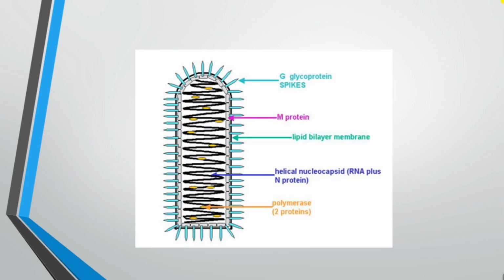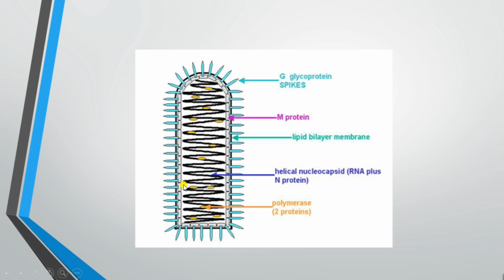So you can see the picture of rabies virus. As I have mentioned, it is bullet shaped and it has an RNA genome. Inside the RNA genome, there is RNA-dependent RNA polymerase, and covering the RNA-dependent RNA polymerase and the RNA genome, there is a nucleocapsid.